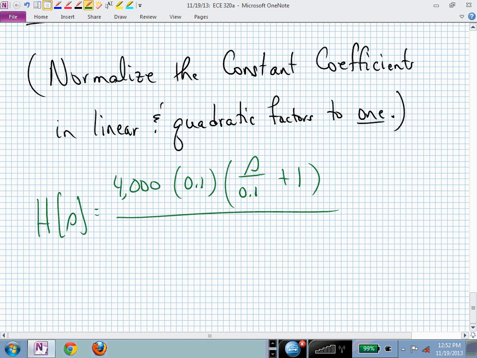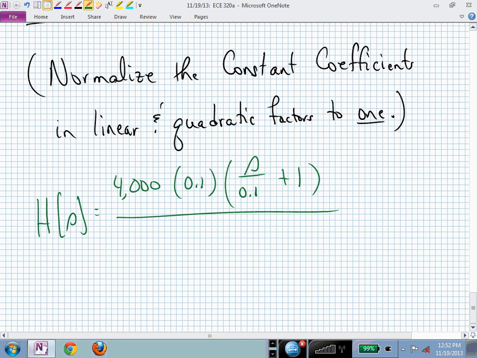So that now, if we think of whatever is scaling s as our time constant, this would be tau s. Tau is now 1 over 0.1, or tau is 10. So the time constant of that zero is 10 seconds. And it's really close to the imaginary axis.